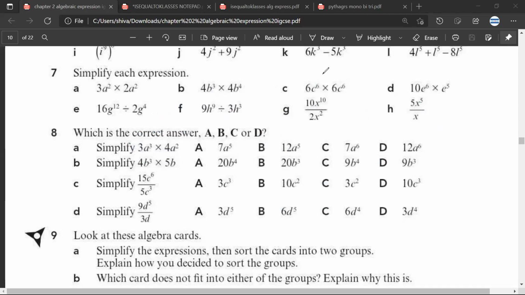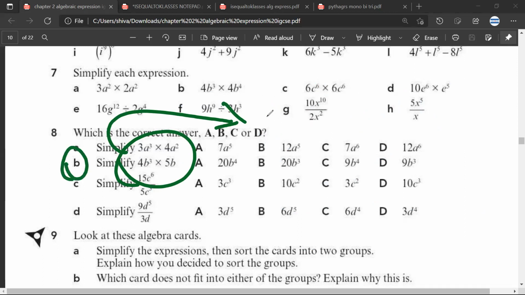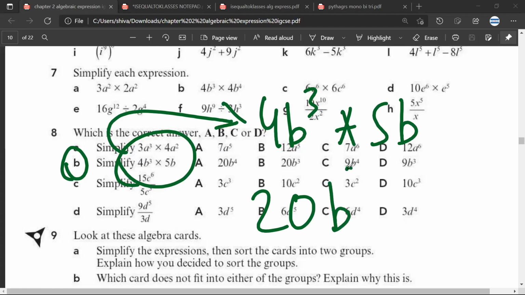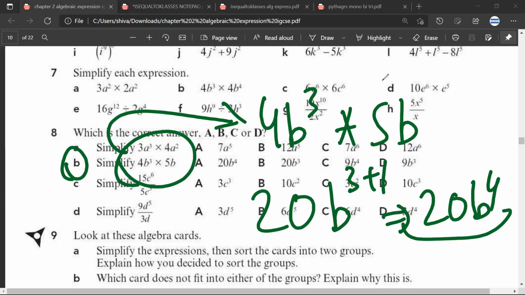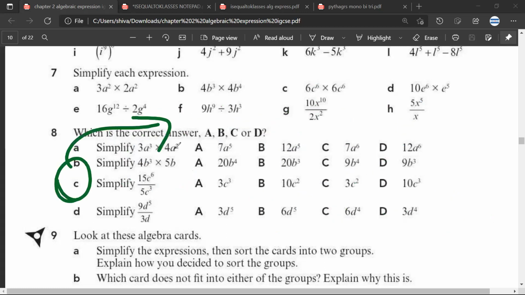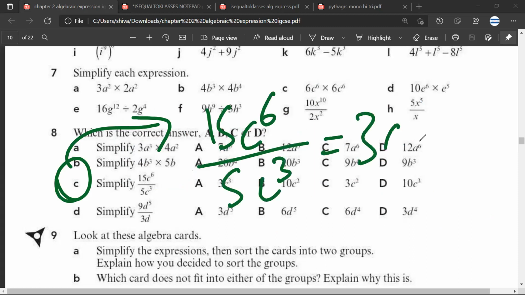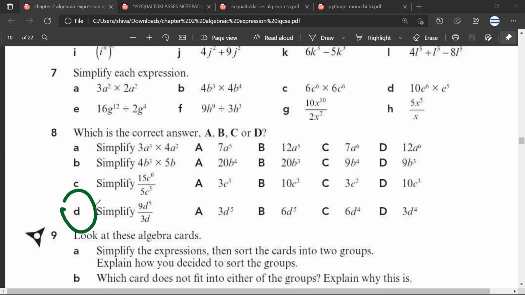Satya ji, what I have suggested to you again and again is you need to redo each and every lecture that we take. Okay. Otherwise, आपके नंबर नहीं आएंगे, फंस जाओगे आप. Satya ji, B part, how should I do it? So 20b raised to power 4. So, Sarthak, any doubt? No, sir. Satya, how should I do this? So 3c raised to power 3. Mr. Satya, how should I do this?